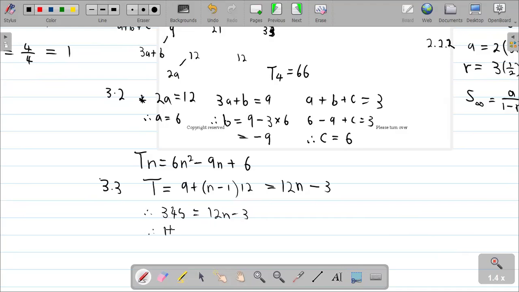So it means 12n equals to 348, and so we must find n. So n is going to be 348 divided by 12, which is going to be what? So you use a calculator here.